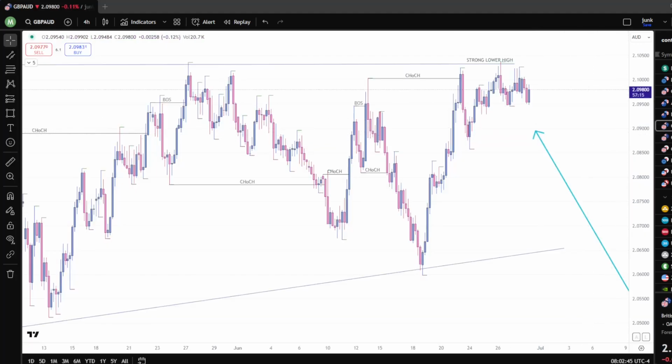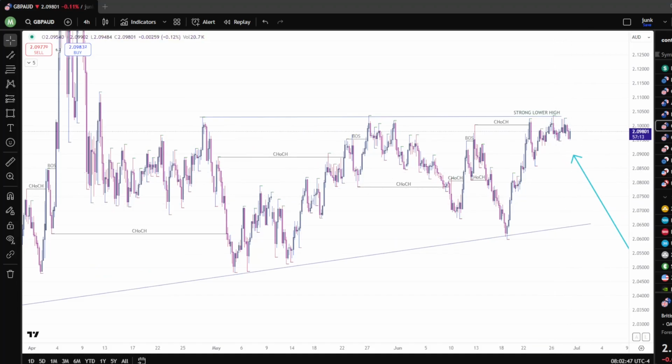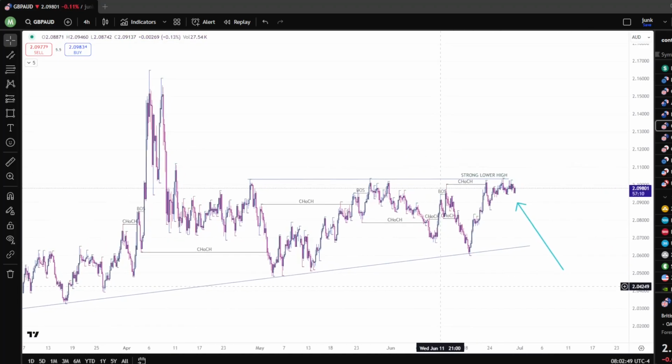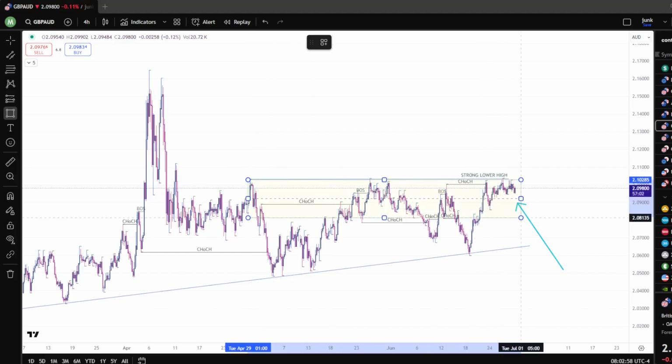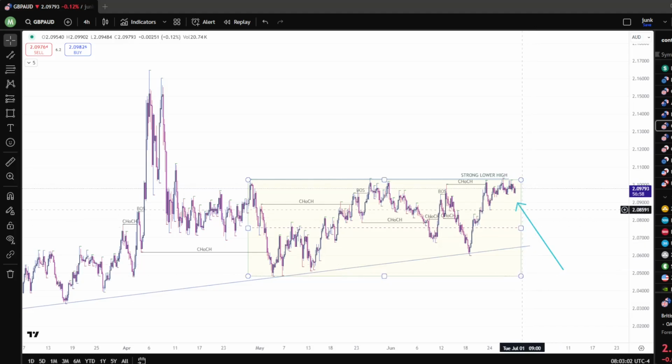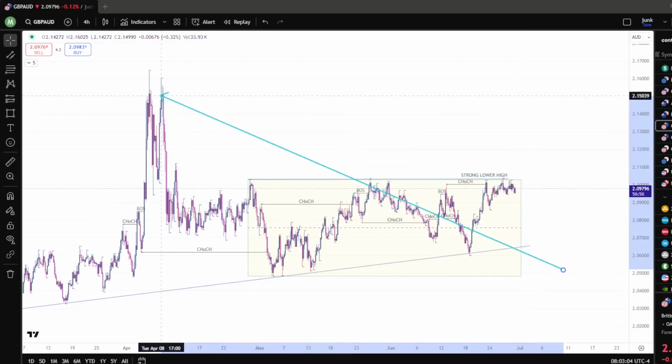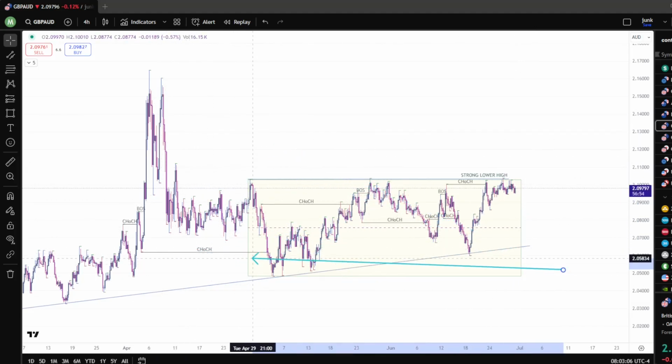GBP AUD. Let's go ahead and map out the current range. Since overall this was the swing structure, it broke structure to the downside.